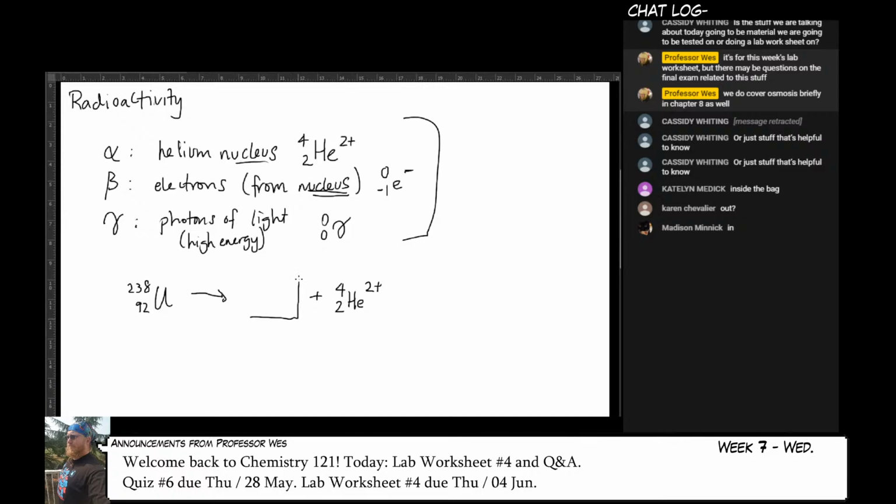Because whatever this is that goes in this box here is going to be the difference. So if I had 92 protons and I shot out a helium nucleus, which was 2 protons, how many protons are left for whatever this thing is? Type it in the chat how many protons it is, and then look up on the periodic table what element that is. Because that's what we're going to write in the box.